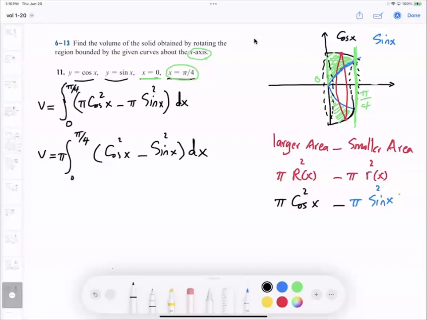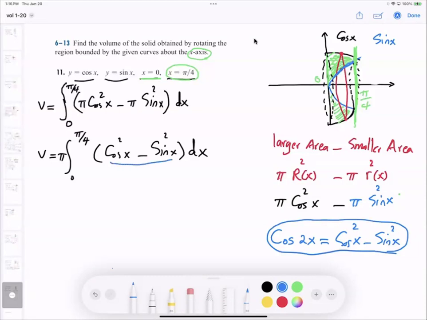Remember from pre-calculus that cosine of 2x is cosine squared of x minus sine squared of x. We have this expression right here, so we can simplify it using pre-calculus formulas and techniques that we learned. So V is equal to pi times the integral from 0 to pi over 4 of cosine of 2x dx.